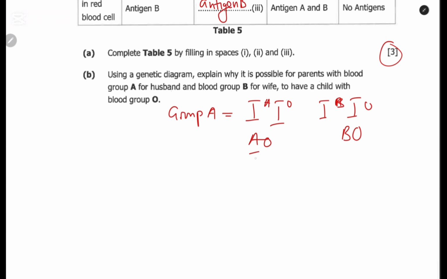This is blood group A, this is blood group B. We are not going to go with AA or BB, because these cannot give us blood group O. So we are going with this one.